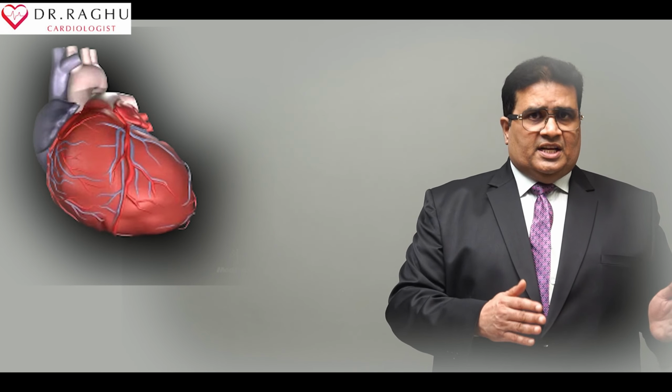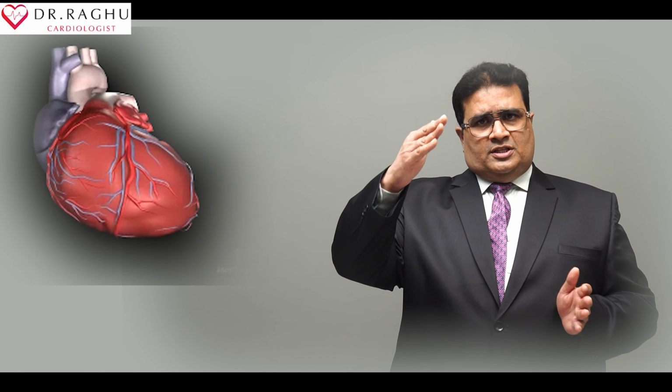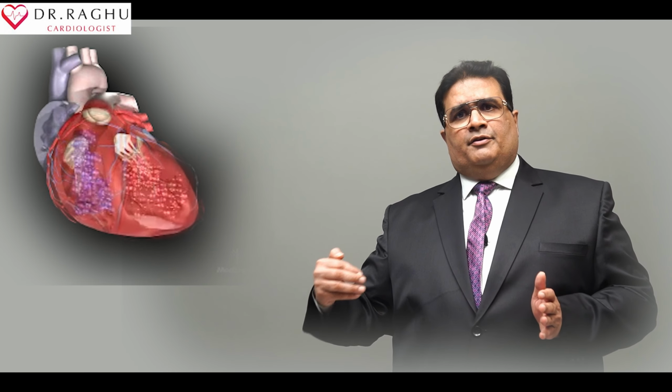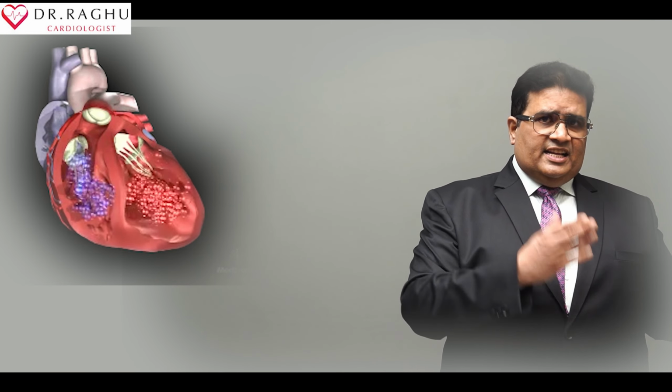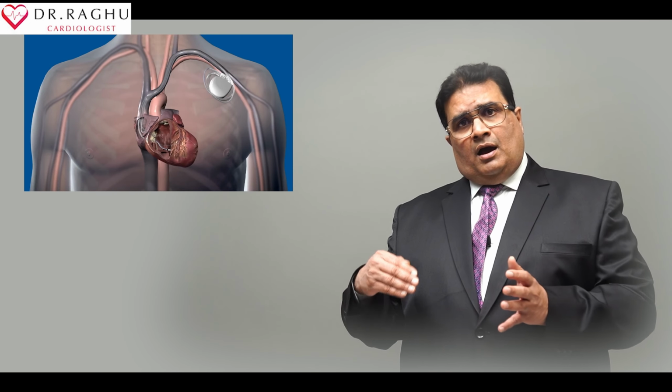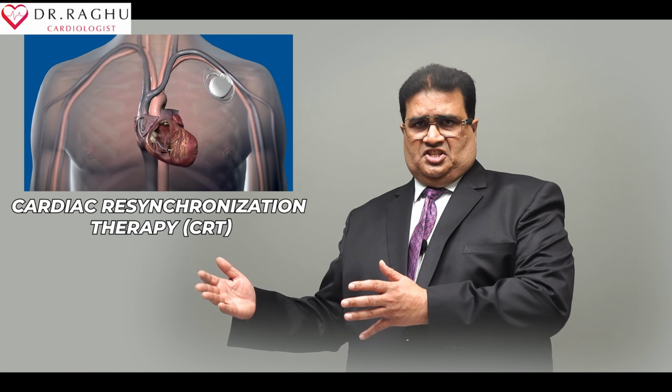Dyssynchronous means, just as in a musical concert there is synchrony between the various instruments and notes, that synchrony is also present in the heart: which chamber first, which chamber second, which chamber third. If that synchrony is lost, that is called dyssynchrony of the heart, and the therapy which restores the synchrony is called cardiac resynchronization therapy.